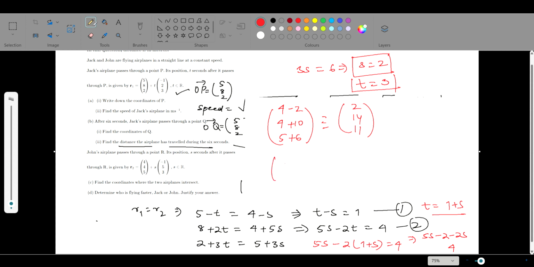If I put T is equal to 3 here, I'll get 5 plus 3 times minus 1, and 8 plus 2 times 3, 2 plus 3 times 3. So yeah, if you see, we have the same coordinates again. This is the coordinates where they basically meet, right?